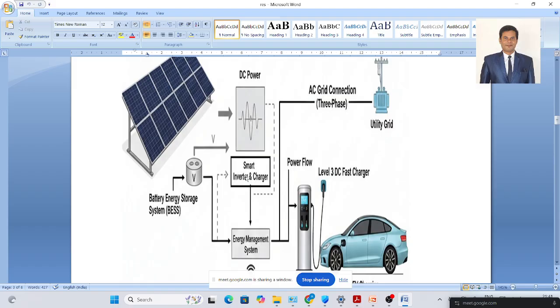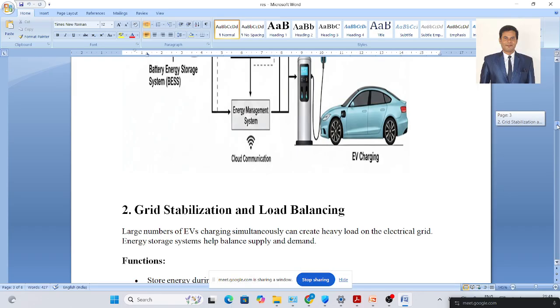It is used for energy management, then it goes to your DC fast charging also, right? So these are the applications for integration of your grids with either solar or wind, or with solar panels alone, to store the battery energies, right?